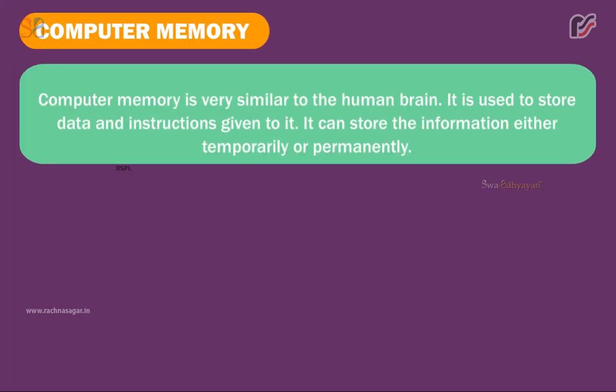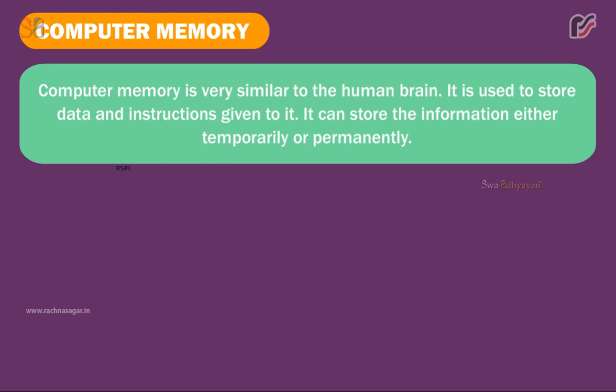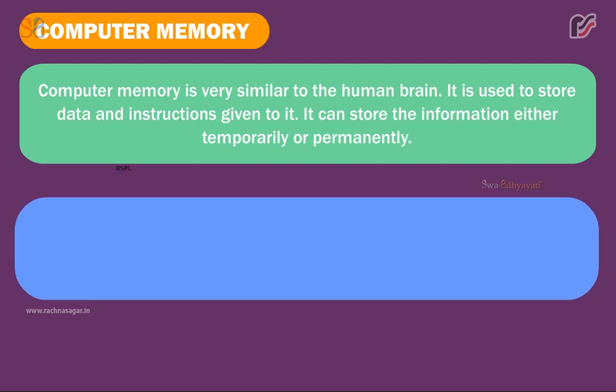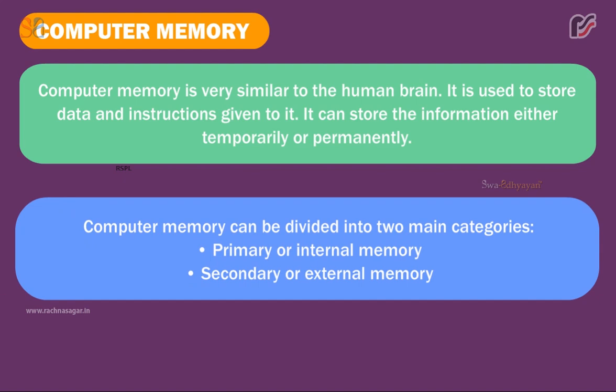Computer memory. Computer memory is very similar to the human brain. It is used to store data and instructions given to it. It can store the information either temporarily or permanently. Computer memory can be divided into two main categories: primary or internal memory, and secondary or external memory.